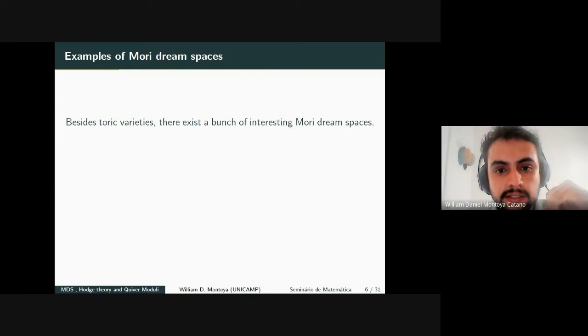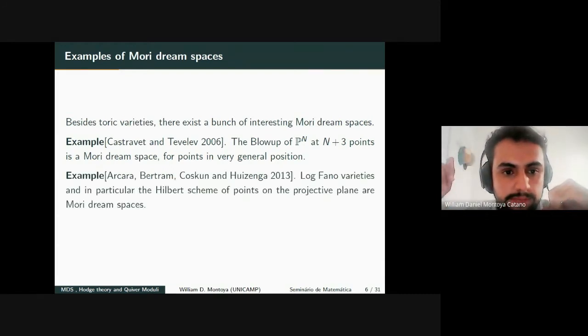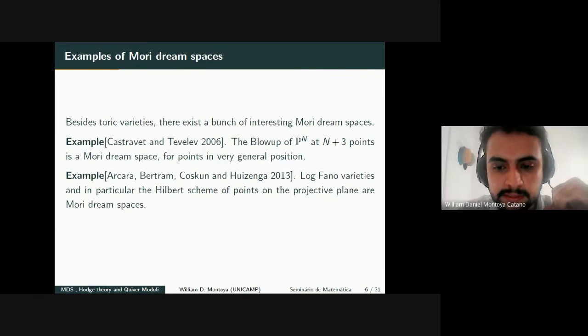After they introduced this foundational paper, Hu and Keel, many people started to find many interesting Mori dream spaces besides toric varieties: blow-ups up to some points, which was proved by Castravet and Tevelev in '06. After that, Araujo, Beheshti, Castravet, Kaloghiros, Kuznetsova, Mori and Xu proved that log Fano varieties, which somehow have some control over the cotangent space and fixings of divisors.